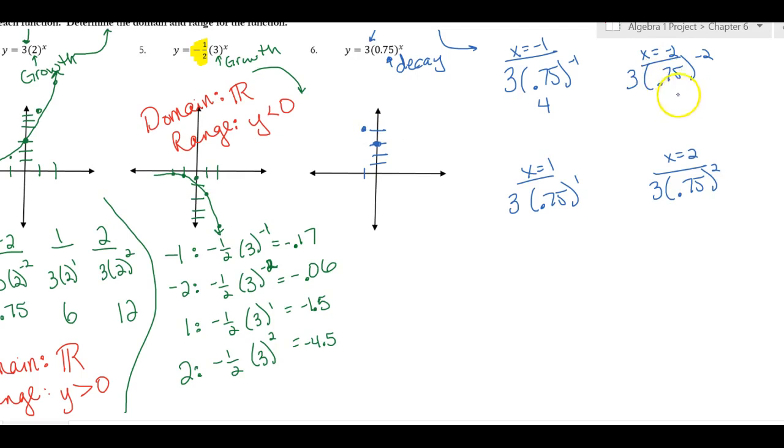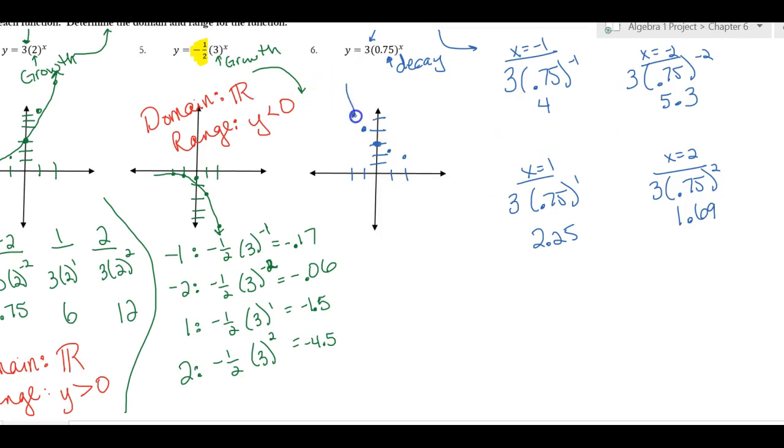When I plugged in a -2, I got 5.3. So that's a little bit higher. When I plugged in a 1, you get 2.25. And then when I plugged in a 2, I got 1.69.